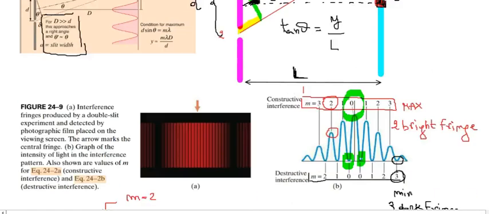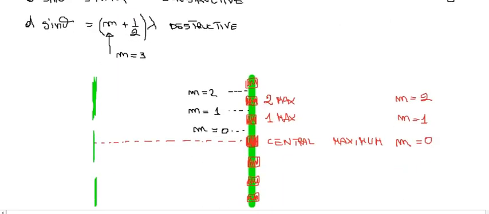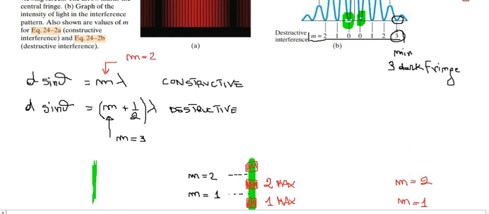Now I can rewrite my constructive and destructive formulas in an alternative way when you are working with a faraway screen: d times y divided by L equals m lambda, or d times y divided by L equals (m plus 1/2) lambda.